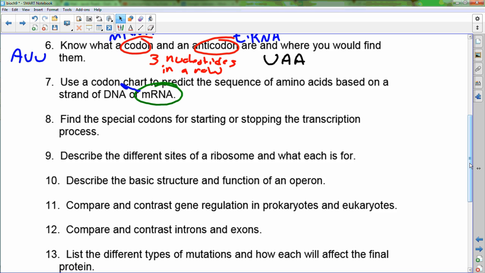I may ask you if I give you a codon. But in a specific chromosome, the RNA polymerase is going to attach to one side where it has the correct start sequence.